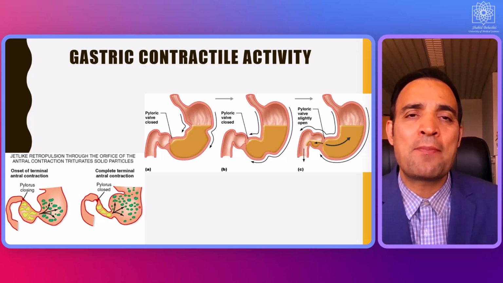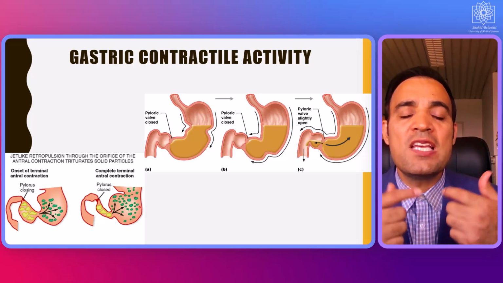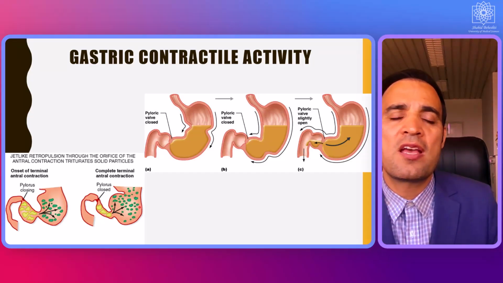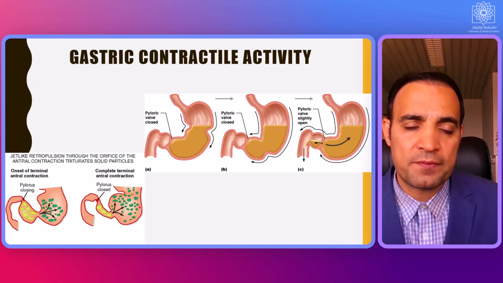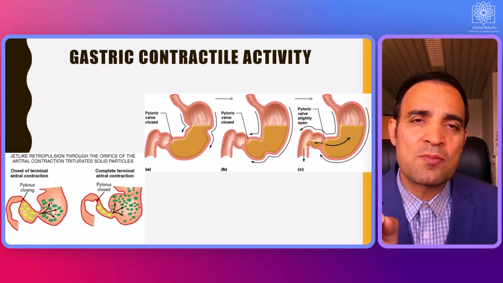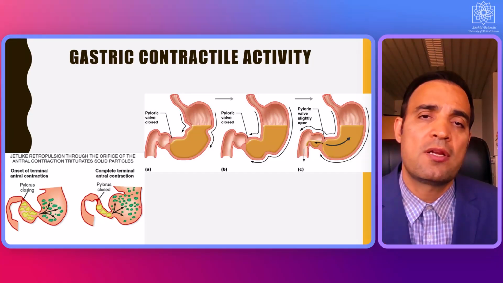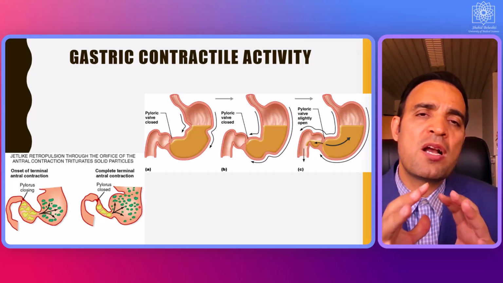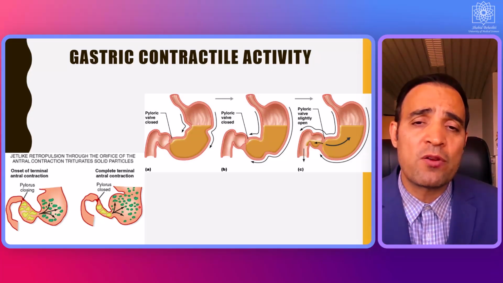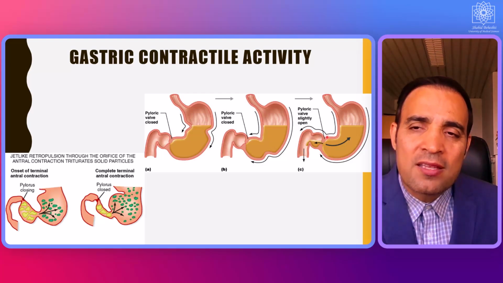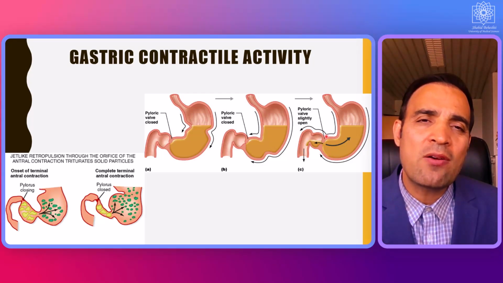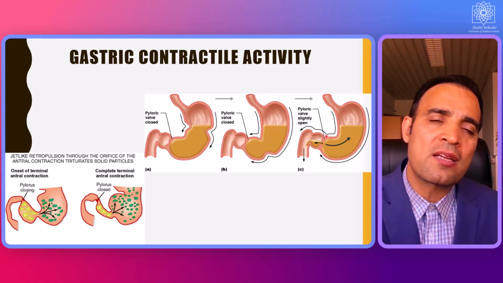Imagine this process is happening several times. With each cycle of contraction and rejection, we have a process of trituration. And this trituration makes the particles smaller and smaller to the point that they become completely or semi-completely fluid. When it becomes fluid, then the pyloric valve will slightly open and allow some of this content to enter the duodenum.